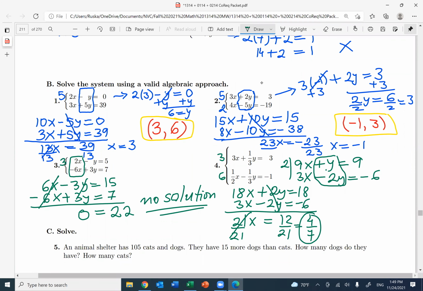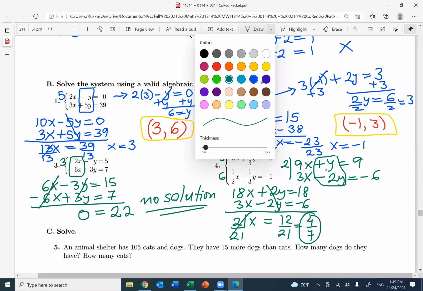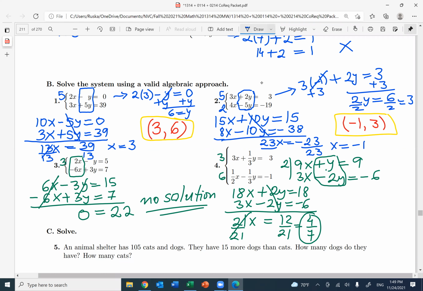Or another way is, you know what, let's do that. We're going to continue from here. I'm going to cancel the x now. So when I cancel x, I'm going to get y. So in this case, I'm multiplying the second equation by negative 3, because 9 and negative 3 are going to cancel. So you copy the first one and multiply the second equation by negative 3.